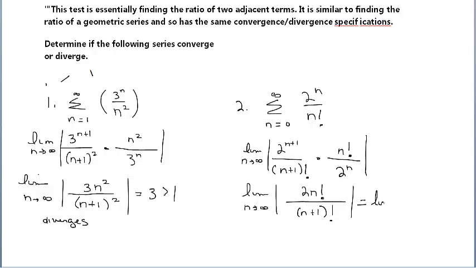All right, I can simplify this yet further with the factorials. All right, n factorial over n plus 1 factorial. So it's like saying 5 factorial over 6 factorial.